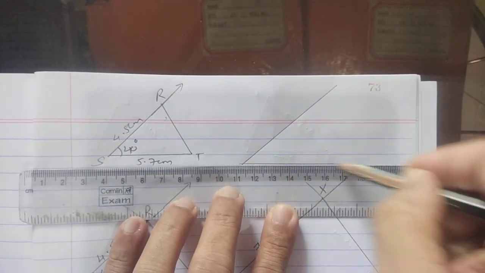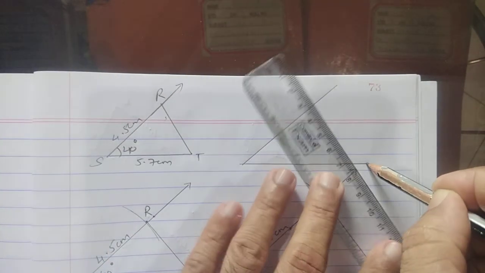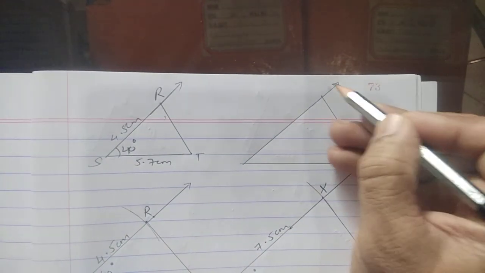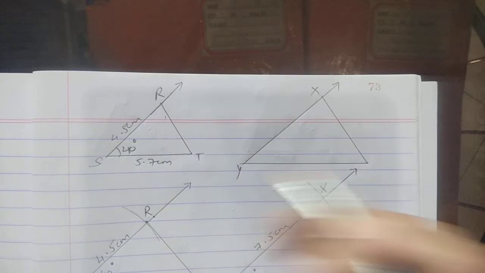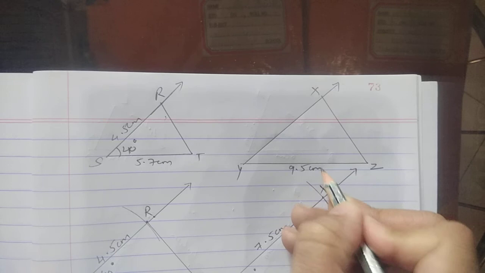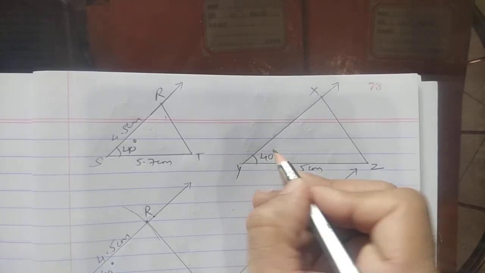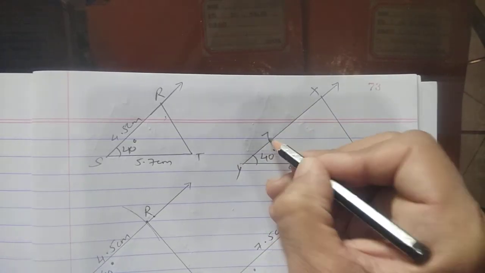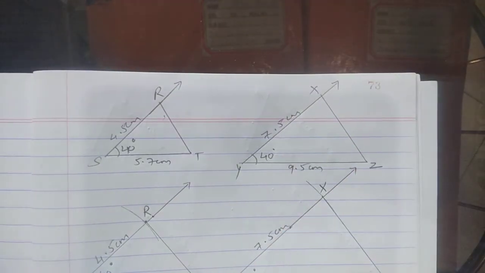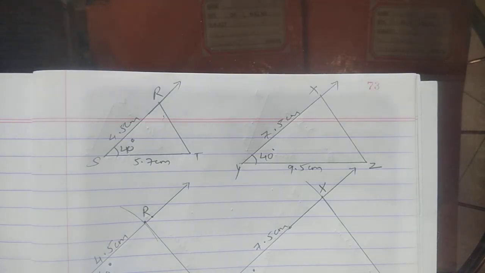Okay, this way. So this is X, Y, Z. YZ is 9.5 centimeter, 40 degree, and this is 7.5 centimeter. Okay, so this is how we will draw a rough diagram for the given triangle.